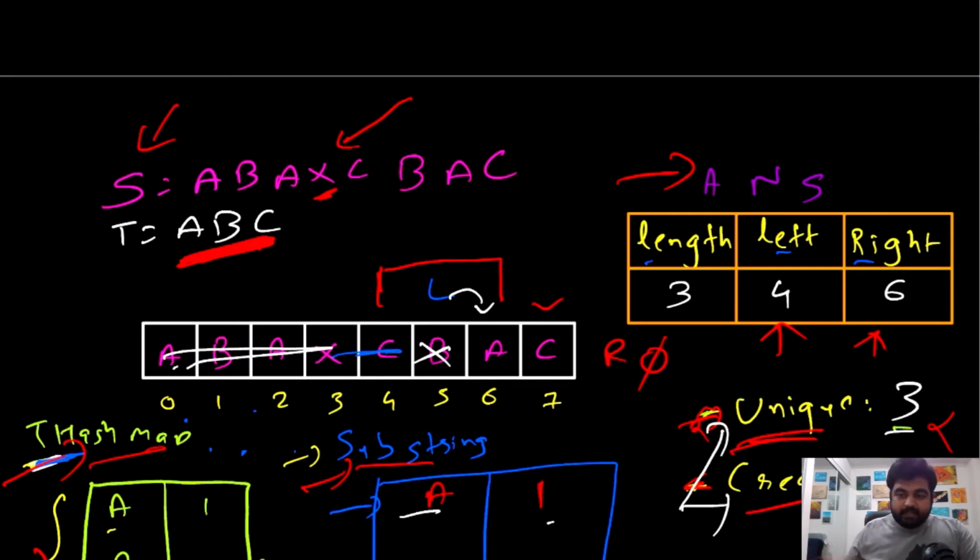So a better way to solve this problem is to create another hash map where we ignore this X and we only keep characters inside this given string that are also present inside this given T.